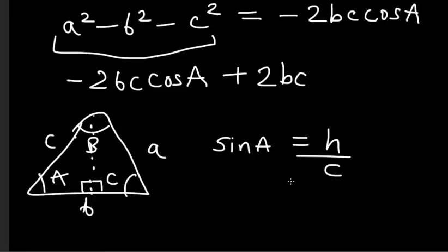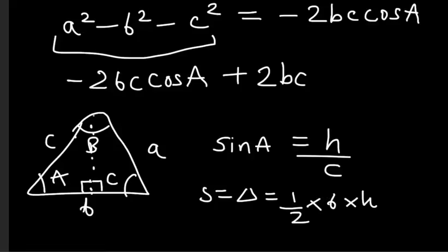Now we want to relate the area of a triangle with the sine of the angle, any angle. So we know that S, or maybe we can denote this by triangle, which is the area, is equal to half into base into height, right?